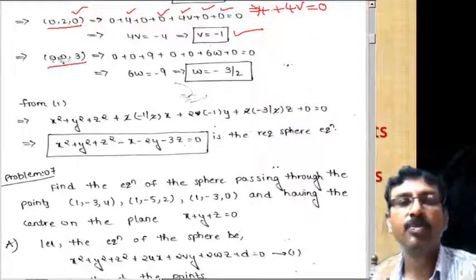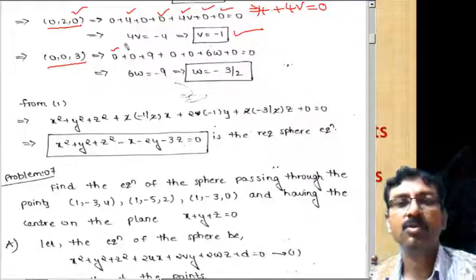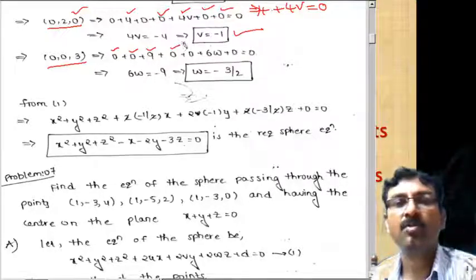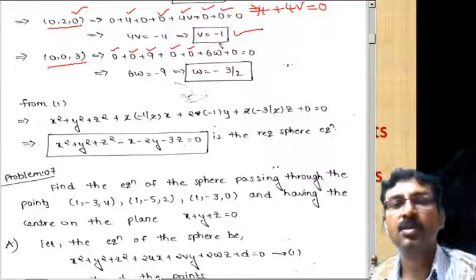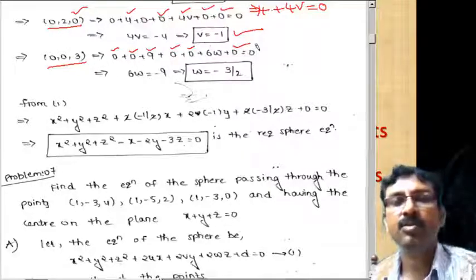Coming to the next point 0 0 3, x is 0, y is 0, z is 3. x square 0, y square 0, z square 3 square 9. 2ux, x is 0, so the term becomes 0; y is 0 so 2vy is 0; z is 3, so 2wz is 2 into 3, 6w, and d is 0.